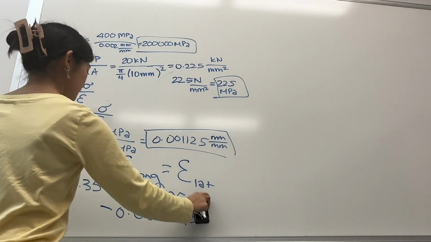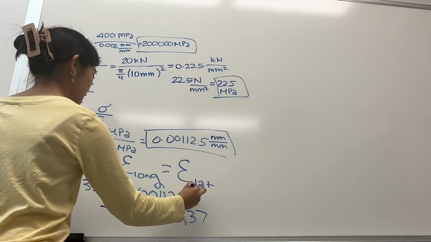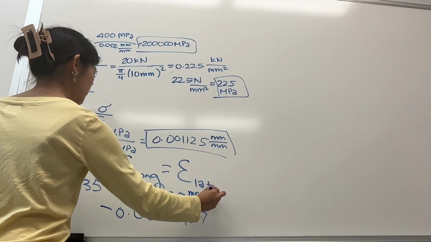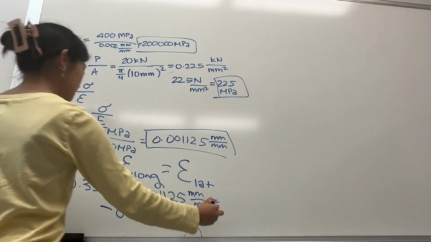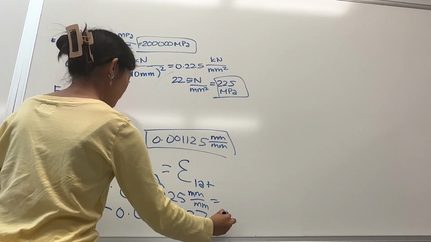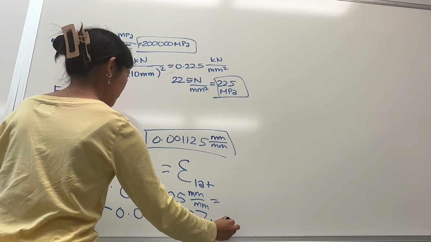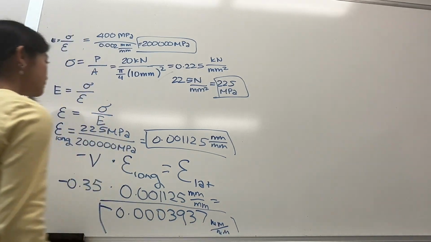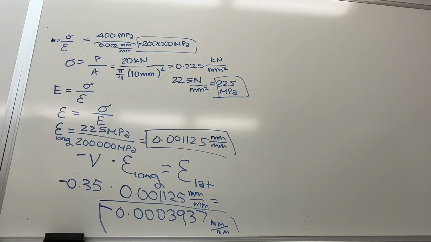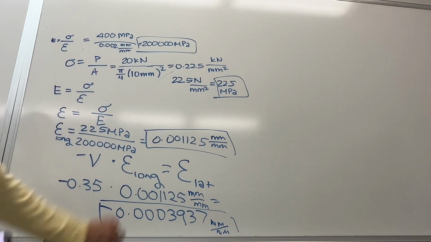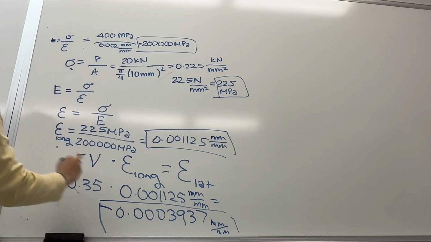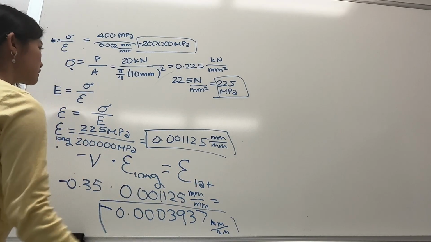Sorry, I forgot to put the units. This is millimeter over millimeter, so this is also millimeter over millimeter. So here we have our stress, our longitudinal strain, and our lateral strain.